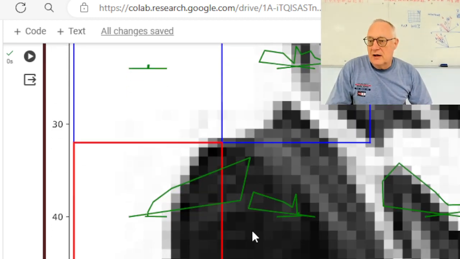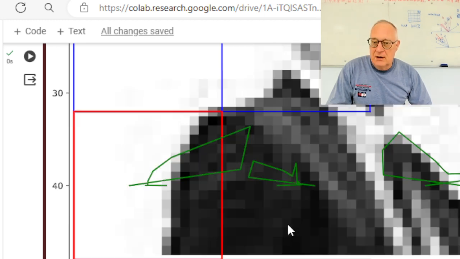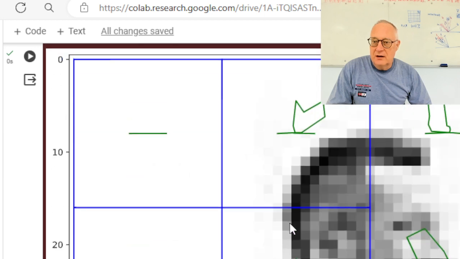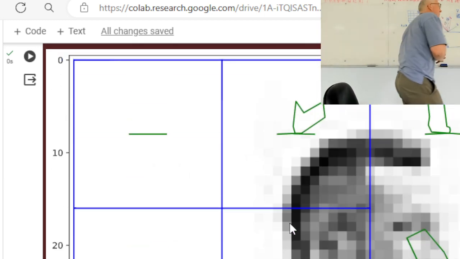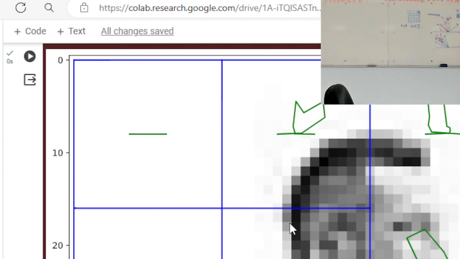So now I can check also the size of those. Now for detecting an object, the object that we're interested in, the people, would be represented by multiple of these feature vectors.